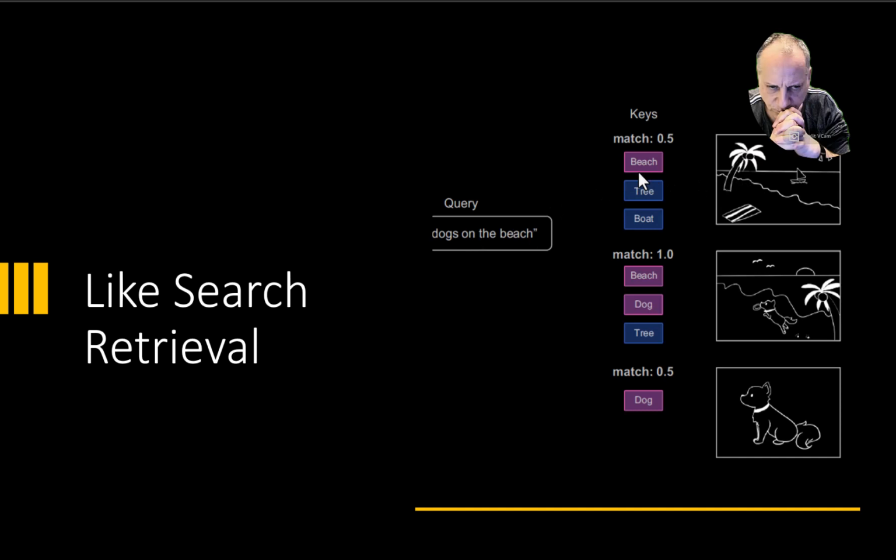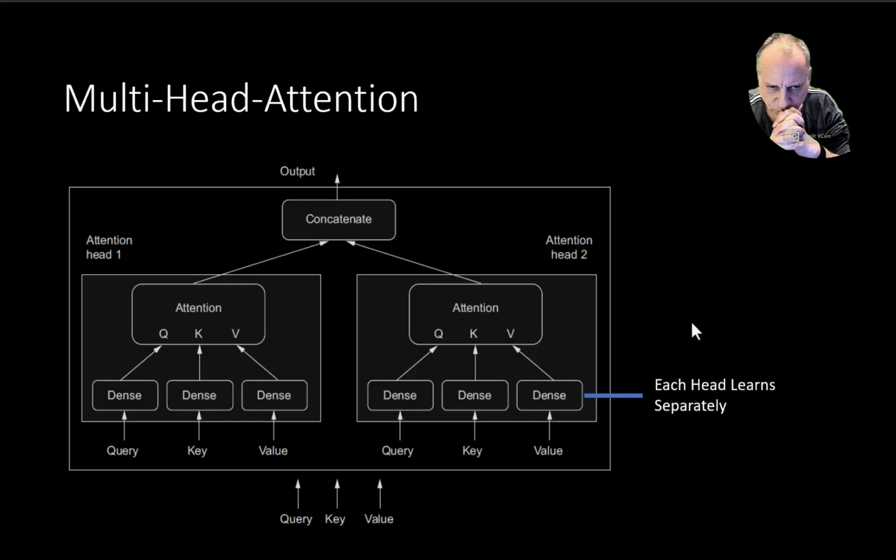So here, the beach part may be bright and everything else will be dark, and then here the dog and the beach will be bright, and then here it's just a dog, and this is the closest match. So this is the right one to be looking at.